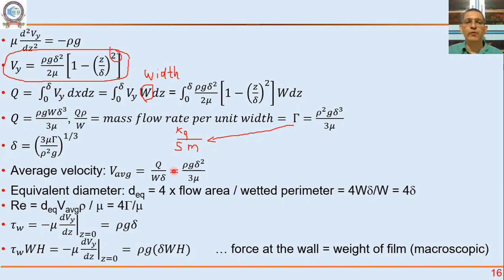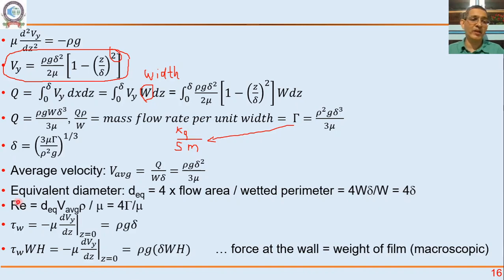Average velocity would be flow rate divided by cross-sectional area, W into delta. So V average would be rho g delta square by 3 mu. If I have to define equivalent diameter, how will I define? Equivalent diameter would be 4 times flow area divided by wetted perimeter. So 4 times flow area, W into delta, divided by wetted perimeter. Wetted perimeter is W. That's 4 delta.